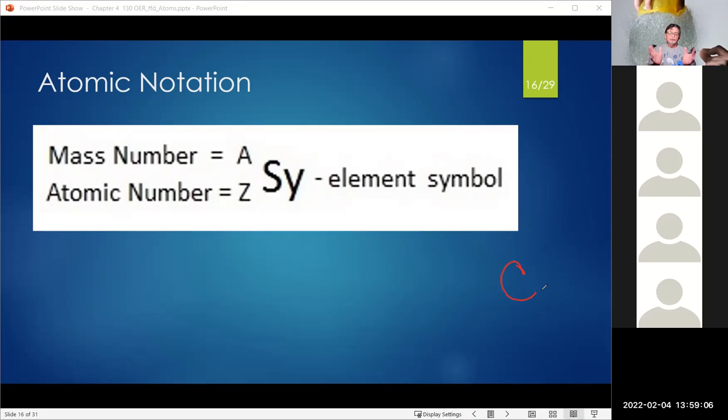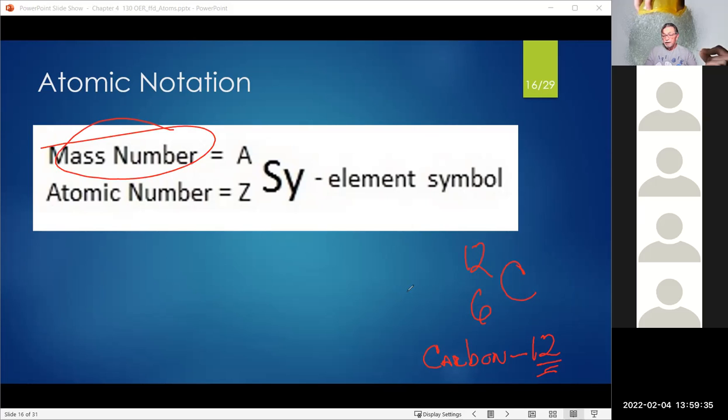We're going to have to assume that this is the most common isotope they are talking about. And we will write C for carbon, 12 and 6. So that will be the atomic notation for carbon-12. Or they may say, write the atomic notation, it'll write its name and then carbon-12. While they're telling you carbon-12, they're telling you what mass number to use, okay?